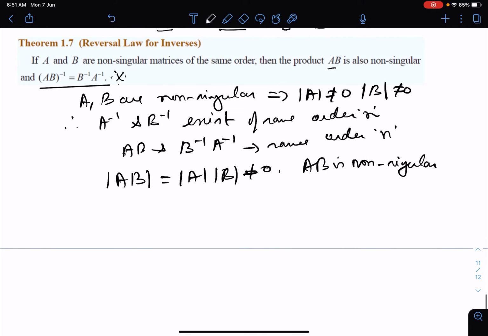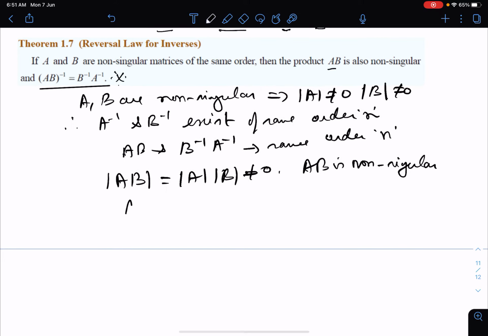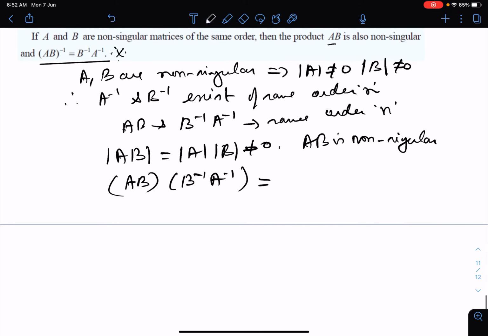Now we are going to take the product AB into B inverse A inverse. When you take the product, you can use the associative property and combine the brackets. So A into B inverse into A inverse.